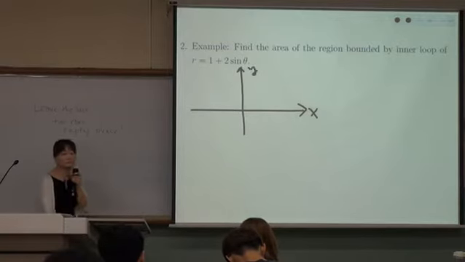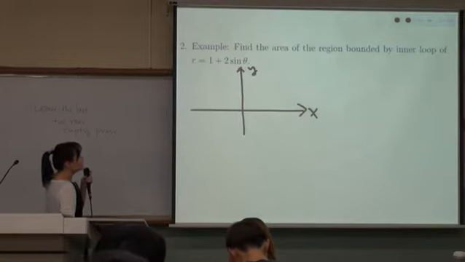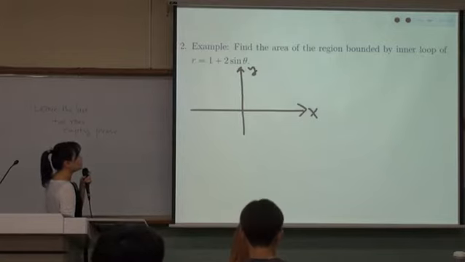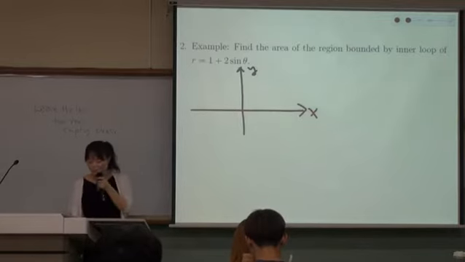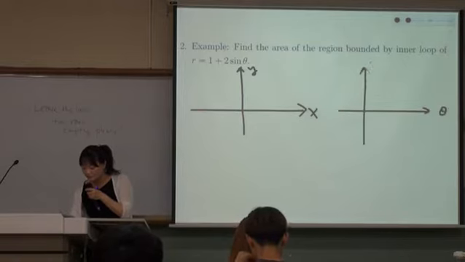Let's read. Example: find the area of the region bounded by the inner loop of r equals 1 plus 2 sine theta. So let's draw r and theta for our reference.